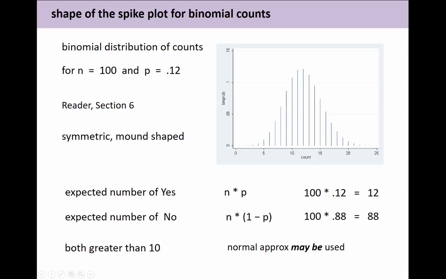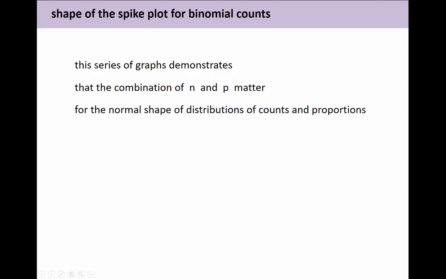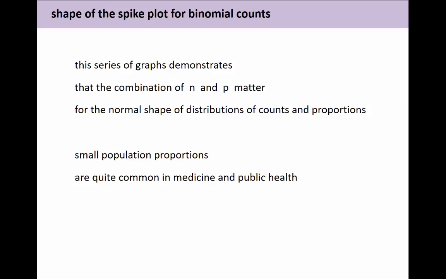So I'm going to walk you through a series of graphs that are meant to illustrate that the combination of n and p matter to get the normal shape for distributions for counts and by extension proportions. And what I want to tell you is that when we're working in public health, small population proportions are quite common.